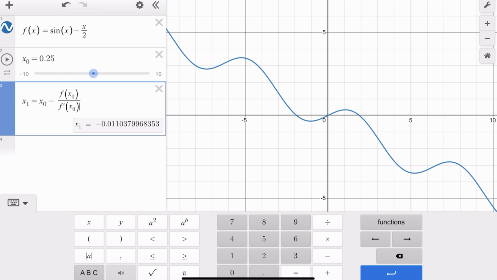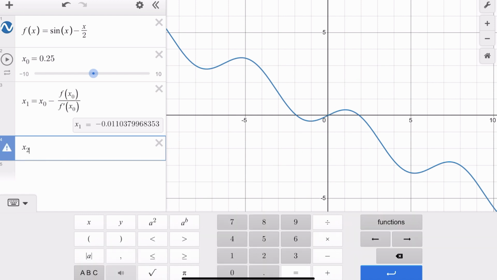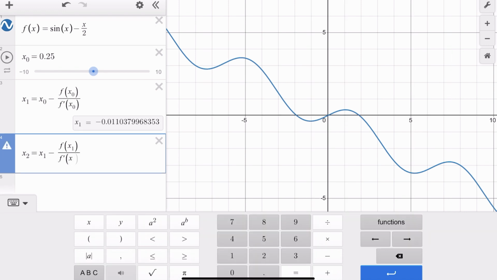And so here we can see it's a value that's pretty close to 0. And so now I can set up x sub 2. You do the exact same formula, but now we're subbing in x sub 1 instead of x sub 0. Then finding our x sub 2, we also get a value that's super, super close to 0.